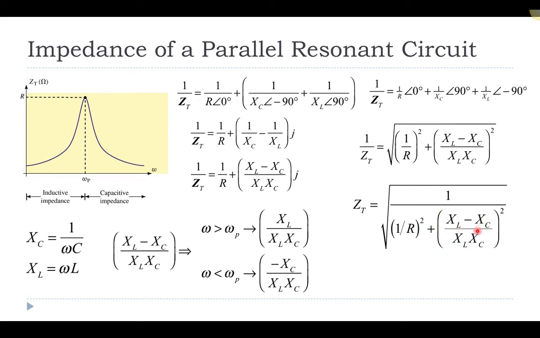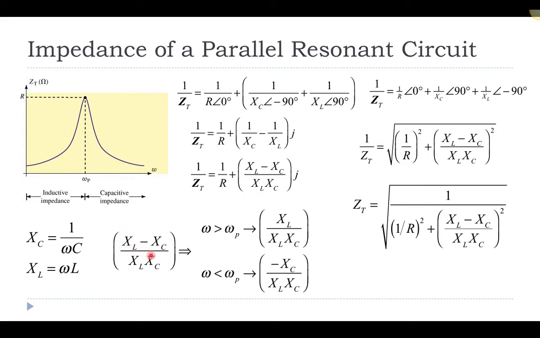All right, so let's think about what happens to this quantity here, which is the inductive reactance minus the capacitive reactance over the multiplication of these two quantities. If my angular frequency is very large, I'm up in this range right here, then the inductive reactance, I said that backwards, this quantity will be much larger than the capacitive reactance.